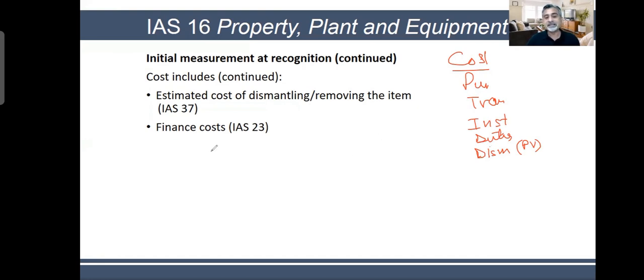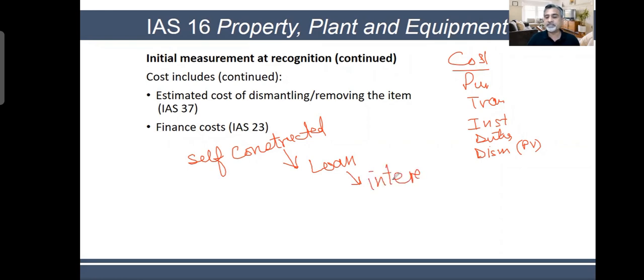And then if it is a self-constructed asset, like I said before, and for the purpose of preparing this asset, you take a loan, then any interest on this loan should also be capitalized.